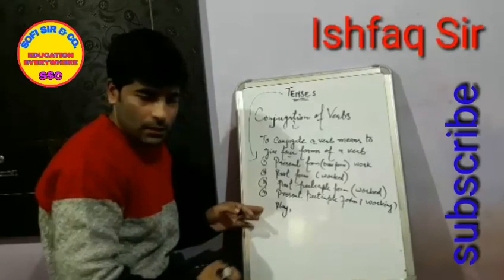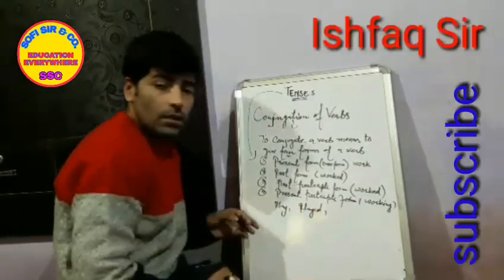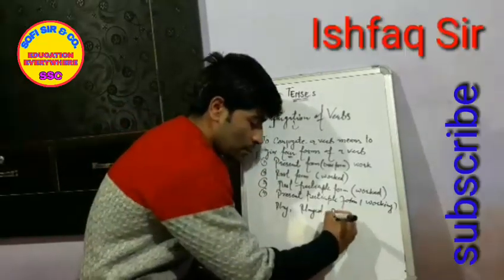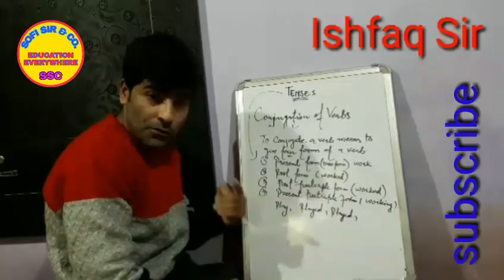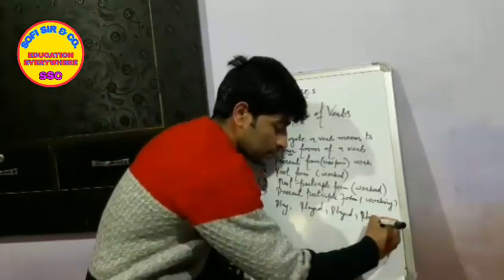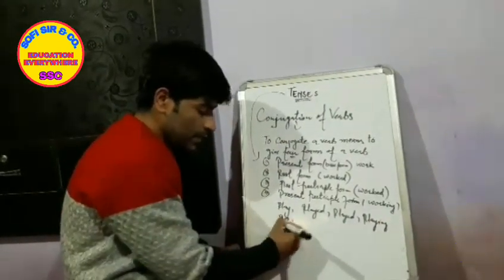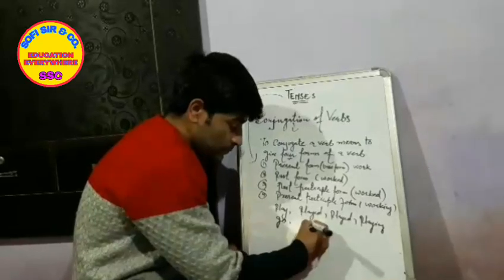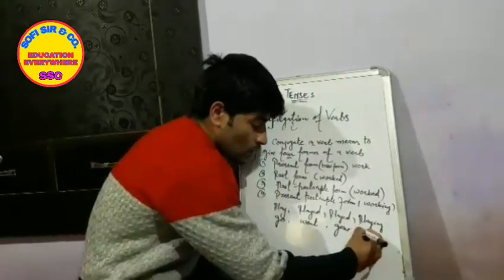Base form, play; past form, played; third form, past participle, played; and the present participle form, or continuous or progressive form, is playing. Similarly, another example is go, went, gone, going.